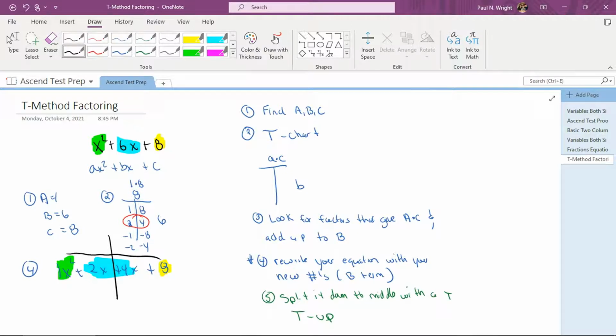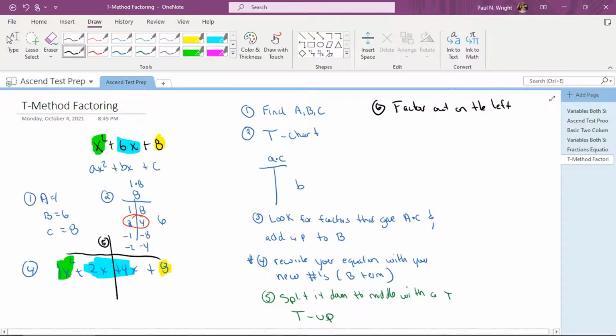Split it. We just teed it up. Step 6. 5 we'll put over here as my T split. Step 6, what can I factor out on the left? Factor out on the left.